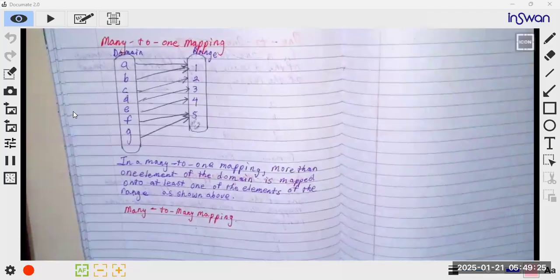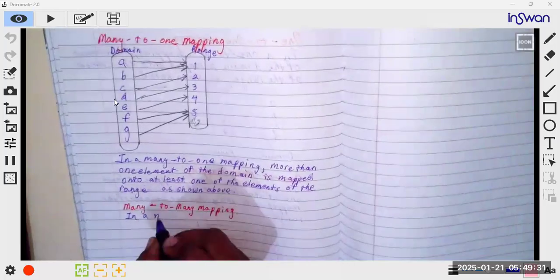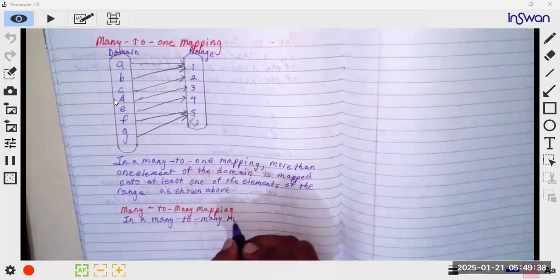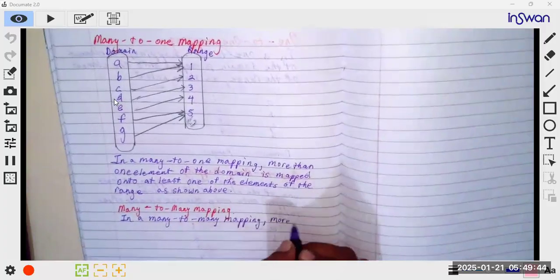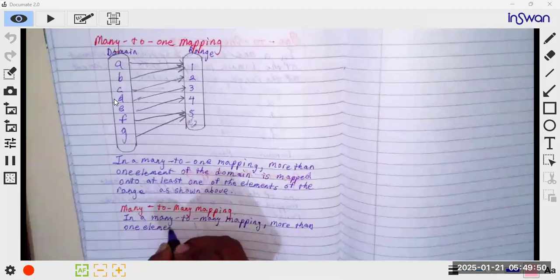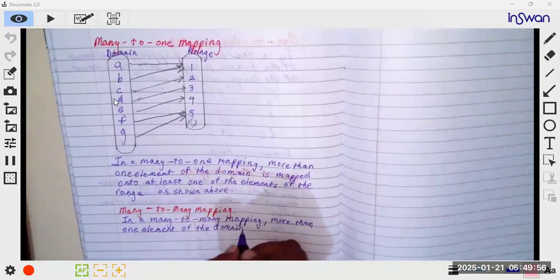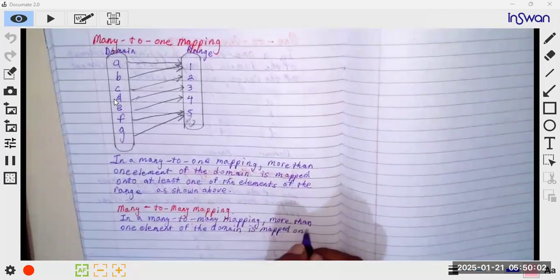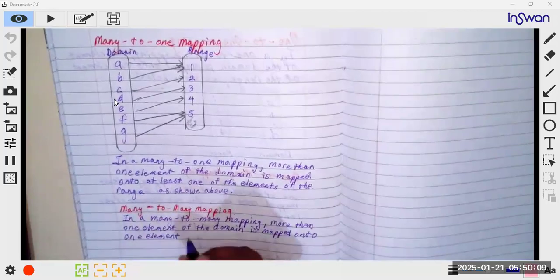In a many-to-many mapping, more than one element of the domain is mapped onto one element of the range.